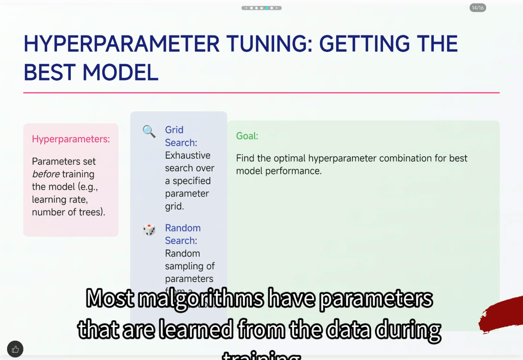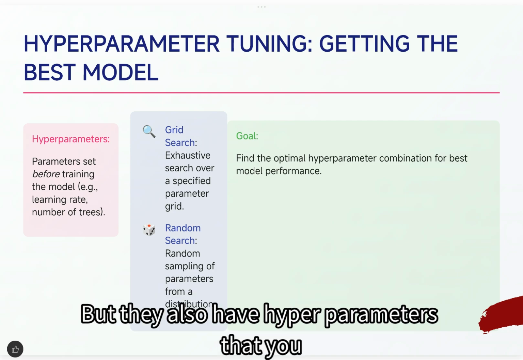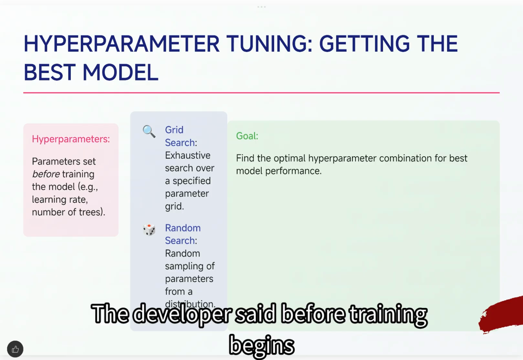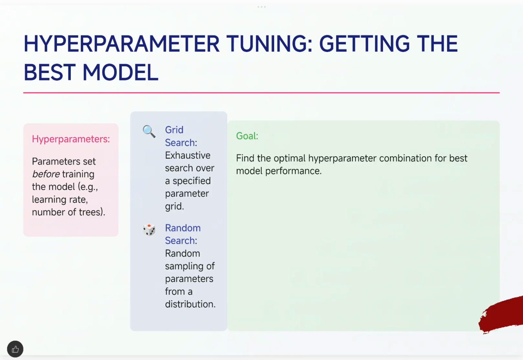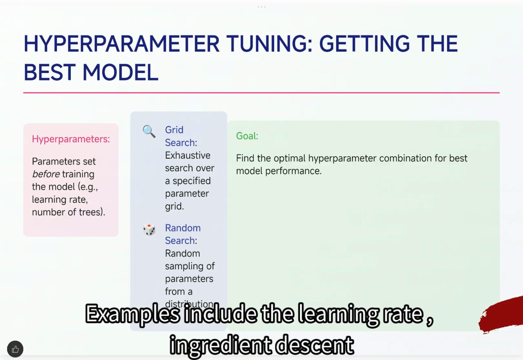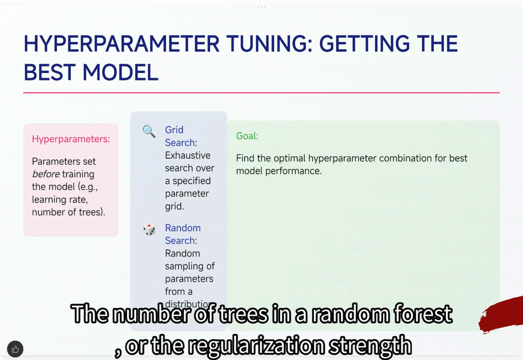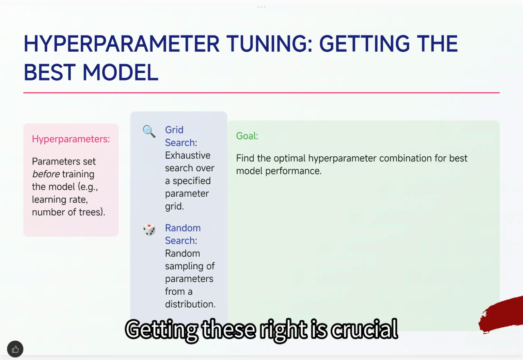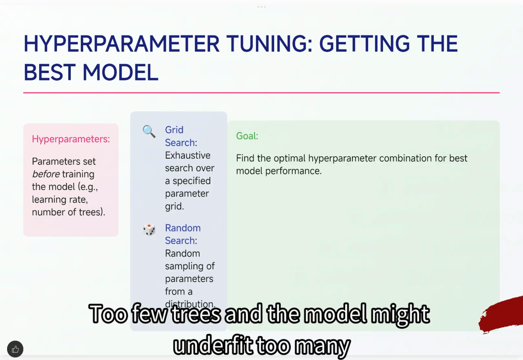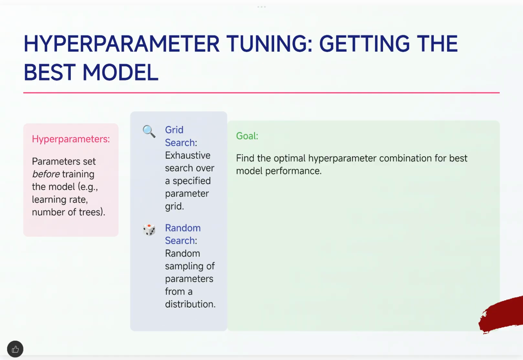Most ML algorithms have parameters that are learned from the data during training, but they also have hyperparameters that you, the developer, set before training begins. Examples include the learning rate in gradient descent, the number of trees in a random forest, or the regularization strength. Getting these right is crucial. Too few trees and the model might underfit, too many and it might overfit.